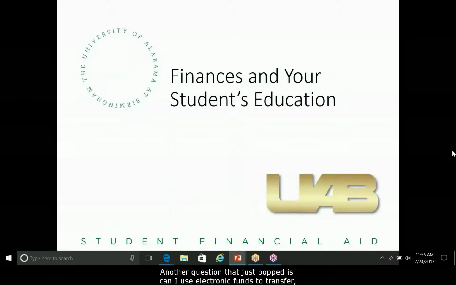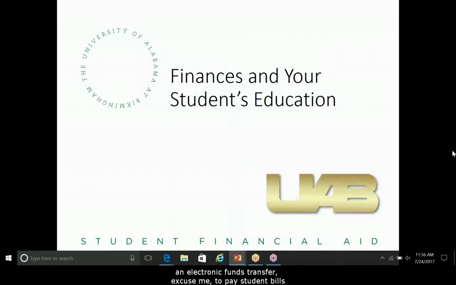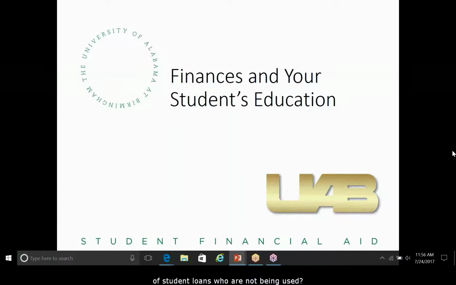Another question that just popped up is, can I use electronic funds transfer to pay student bills if student loans are not being used? Right now, there's not an e-check option. So if a student wants to pay electronically, they would have to use a credit card or debit card in the student account section in BlazerNet, or the parent guest access.